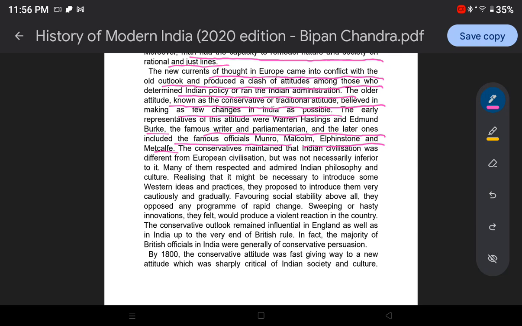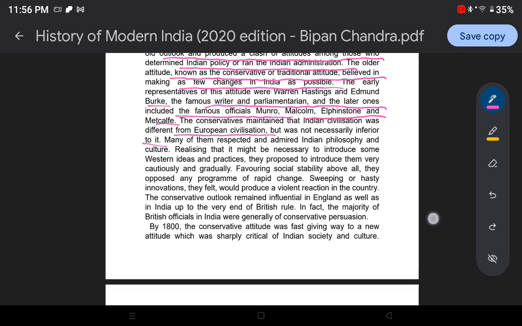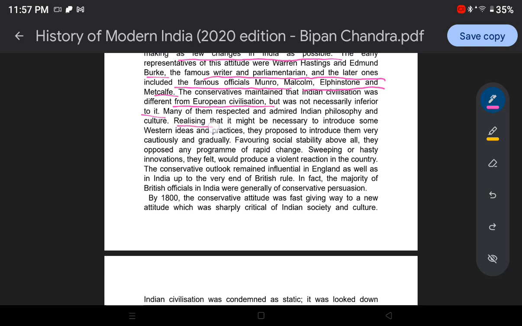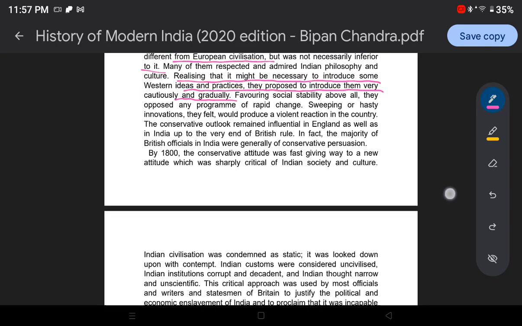The conservatives maintained that Indian civilization was different from European civilization, but was not necessarily inferior to it. Many of them respected and admired Indian philosophy and culture, realizing that it might be necessary to introduce some Western ideas and practices. They proposed to introduce them very cautiously and gradually, favoring social stability above all.